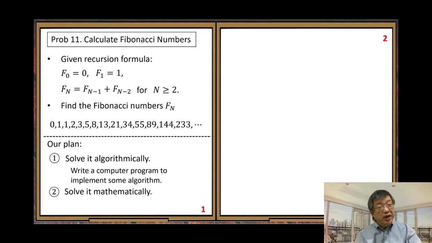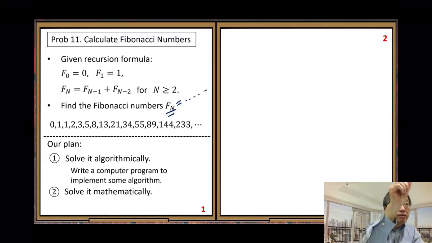Is it possible we can find a mathematical formula for F sub n? So we can write it as a math formula. How about that? That will be very nice. Because if we have an explicit formula, when we do the calculation, we just plug in the variable value in this formula.